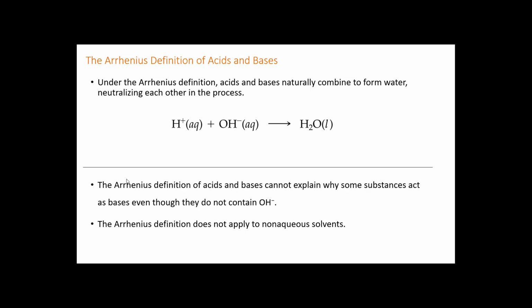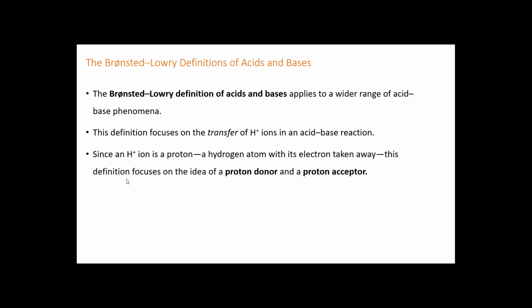So it was expanded out, and now we go by the Bronsted-Lowry definition. The Bronsted-Lowry definition was come up with by two people, simultaneously but not working together, in different countries. So they both got the name of it, even though they did not work together on it. So the Bronsted-Lowry definition applies to a wider range of acid-base compounds. This pretty much focuses strictly on the transfer of a proton.